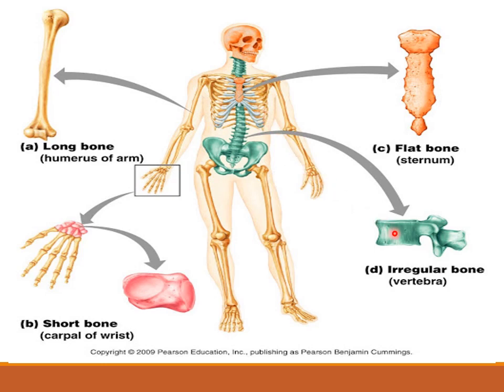Then the irregular bones, basically the vertebra and hip bones, receive their blood supply again majorly from the periosteal blood vessels. These penetrate into the compact bone, and they also supply the spongy bone inside. So these are typically supplied by the periosteal blood vessels, and some of them also have a nutrient artery.